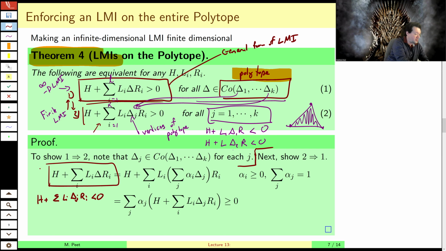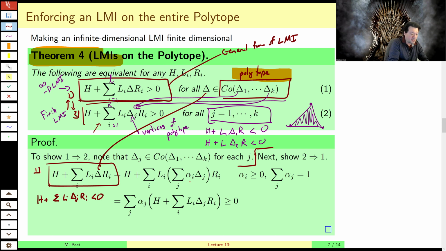So for any point, any value of delta in that convex polytope, any delta in that polytope can be represented as the weighted average of those vertices, right?